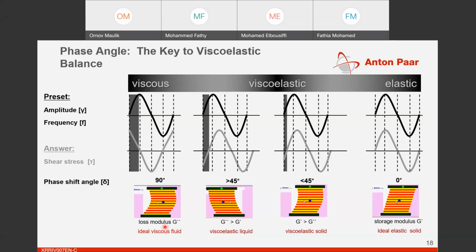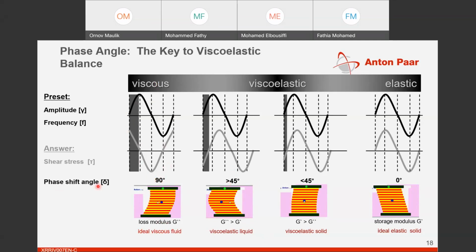You can say that your material is ideally viscous. For example, if I measure a water sample, I would have something like this with a phase shift angle of 90 degrees.